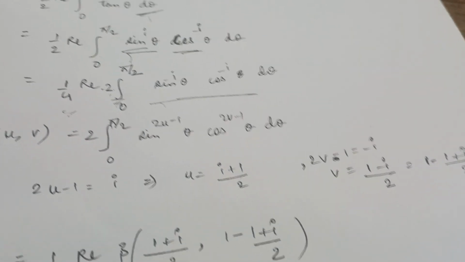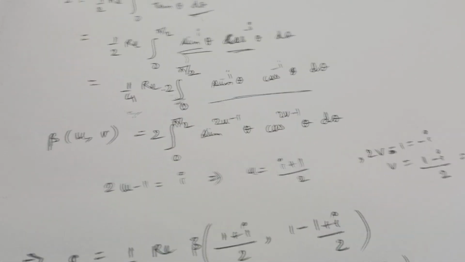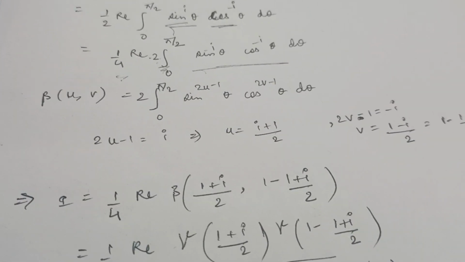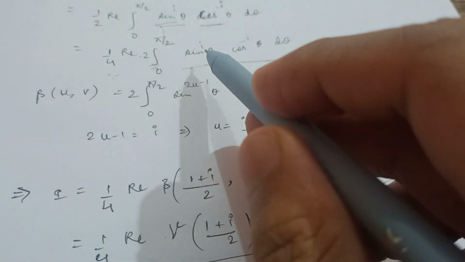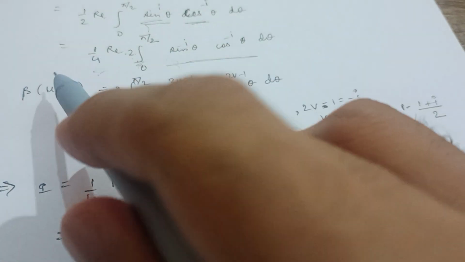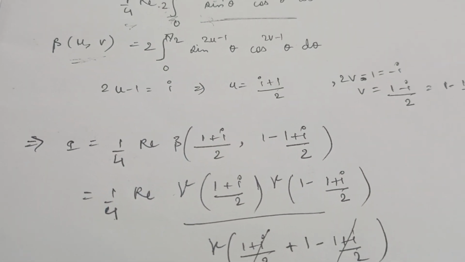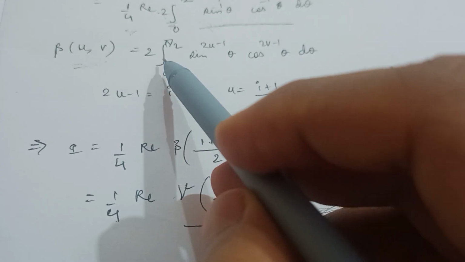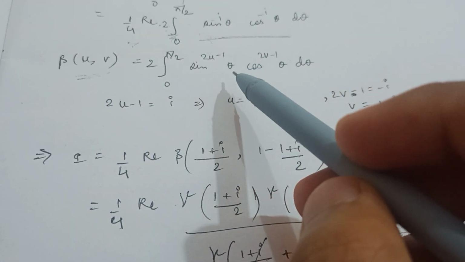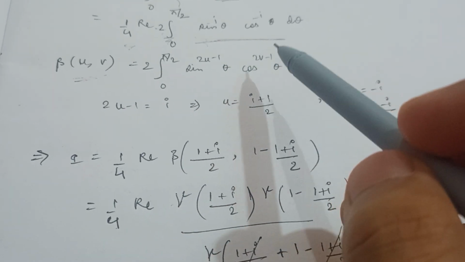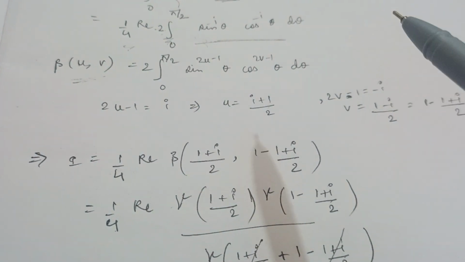I hope you are aware of beta function and gamma function. You can check it out if you are not. I'm going to use it here. So this is basically a form of beta function. If you write the beta function with variables u and v, that is nothing but 2 integral 0 to pi by 2 sine to the power 2u minus 1 theta cos to the power 2v minus 1 theta.